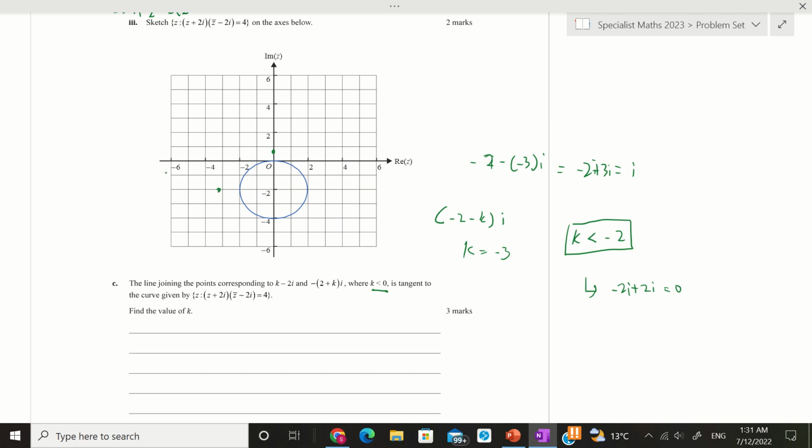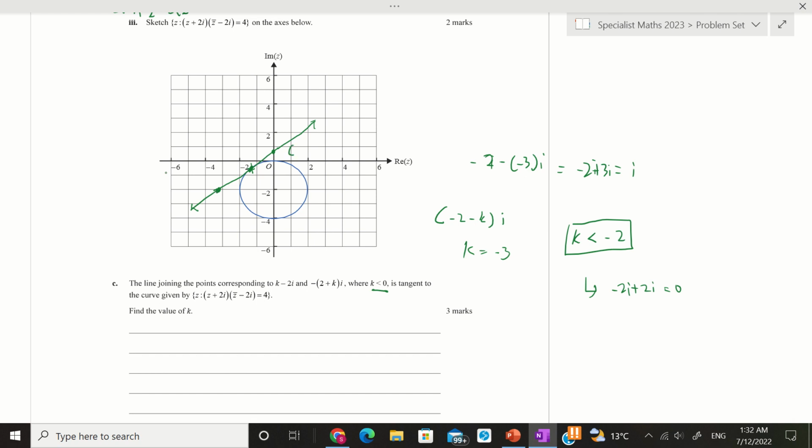Next, we'll join these 2 points together such that they'll be tangent. That looks somewhat okay. We have a straight line connecting these 2 points, and it's tangent at this area here.